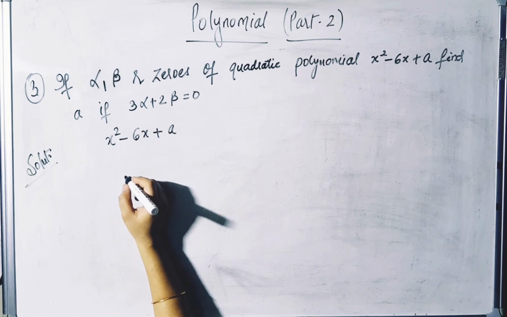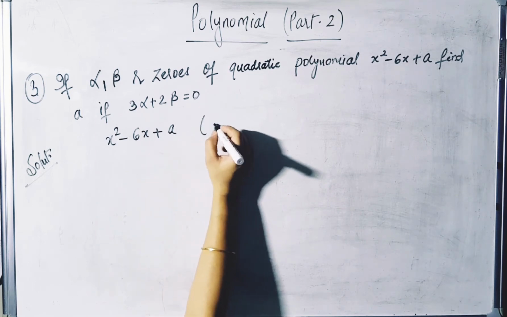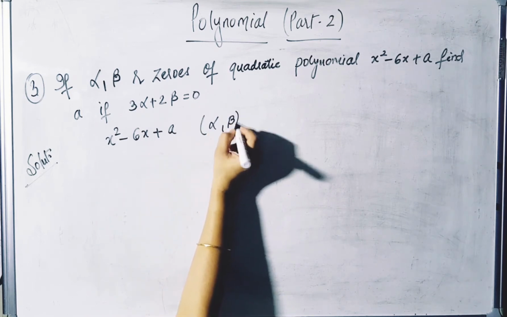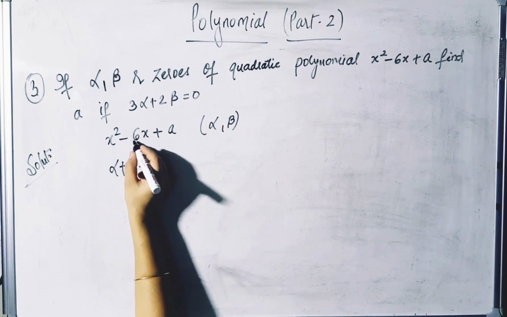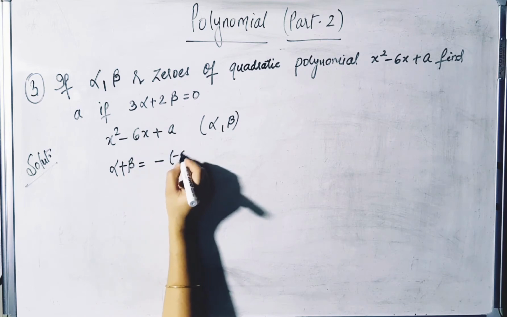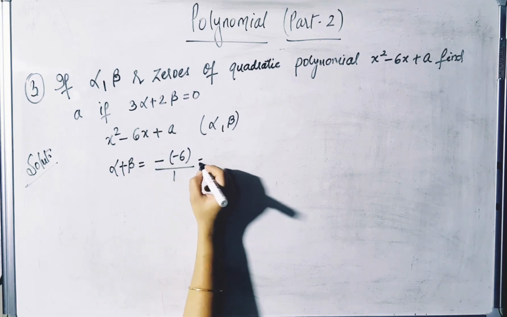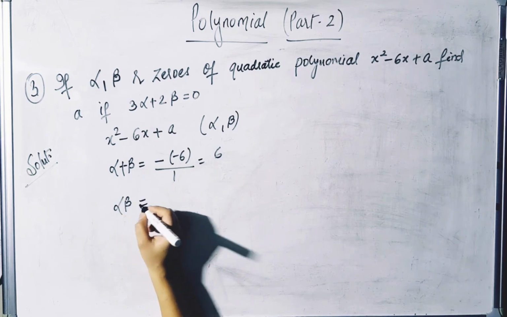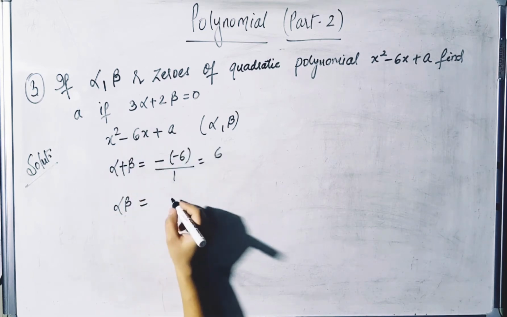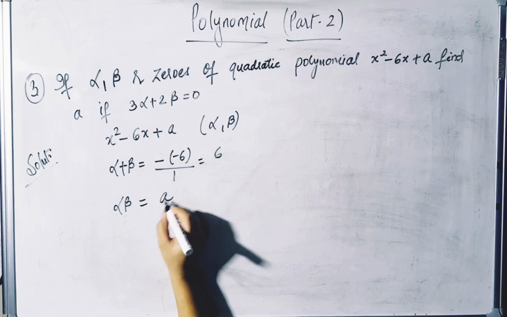Its zeros are alpha and beta. We know the sum of zeros is minus coefficient of x upon coefficient of x square, so minus into minus 6 upon 1, that is 6. Similarly, alpha into beta is the constant term upon the coefficient of x square, that is a.